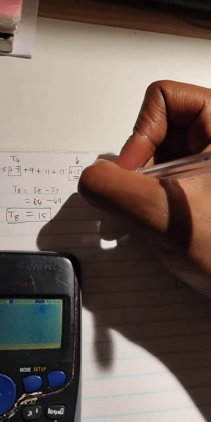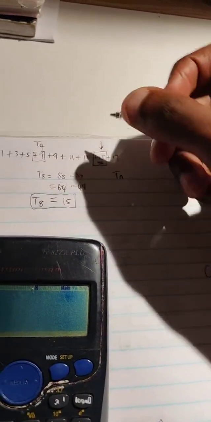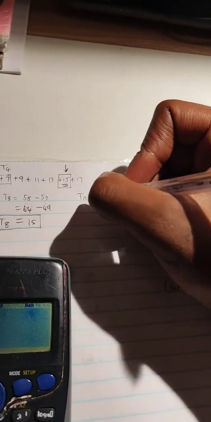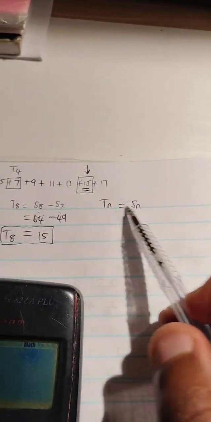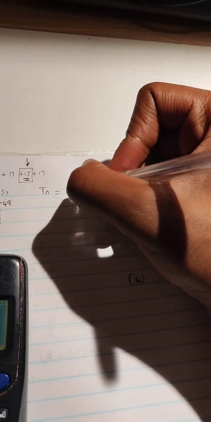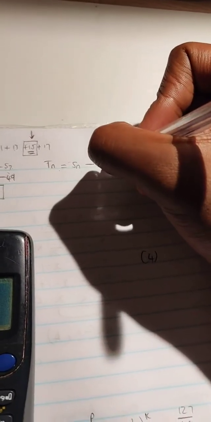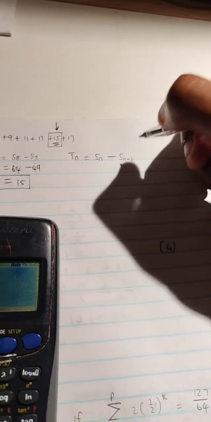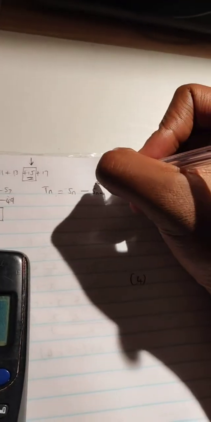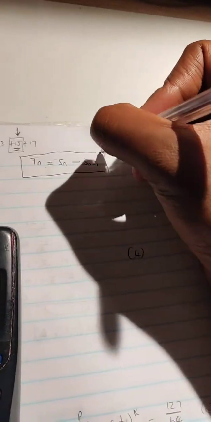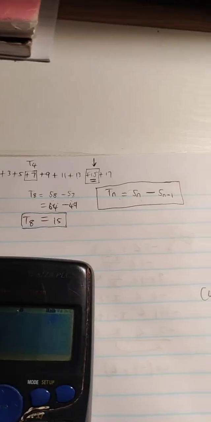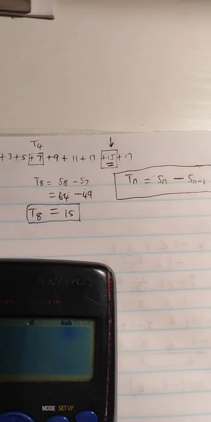So let us generalize. Tn is equal to Sn minus Sn minus 1. This here is the general formula for finding a specific term when we are given the sum formula of that particular series.